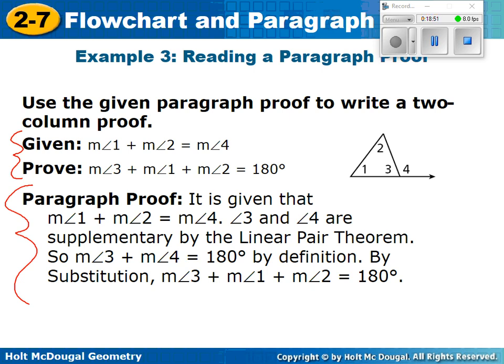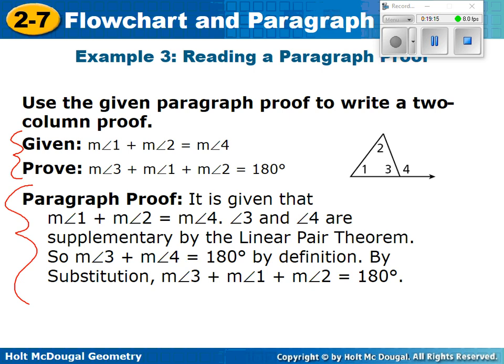Okay, keep going. So it says, so measure of angle 3 plus measure of angle 4 is equal to 180 by definition. What do I put here for number 3? Measure of angle 3 plus measure of angle 4 is equal to 180. Now here again is where sometimes they leave out some words. What is my reason?